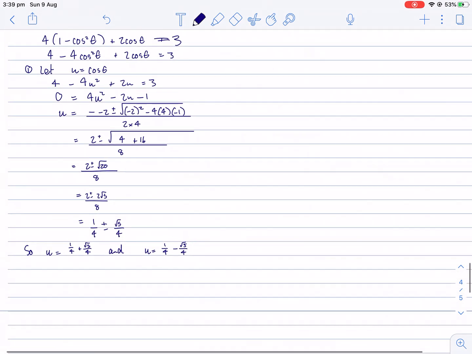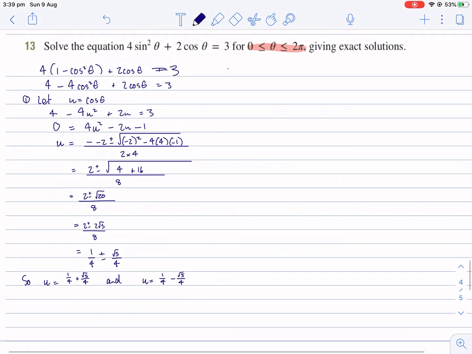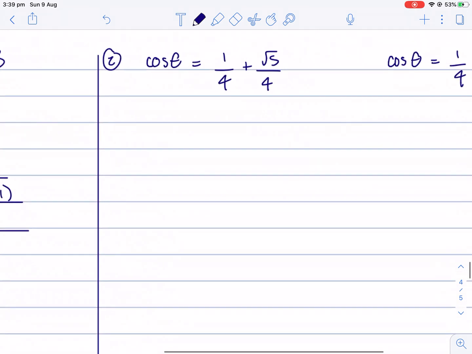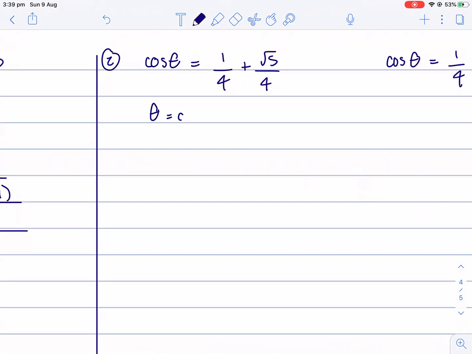Okay, now I'm going to sub those in, but I'm going to do it on the other side. Cos theta equals 1/4 plus root 5 on 4. Cos theta equals 1/4 minus root 5 on 4. So theta equals arc cos this.